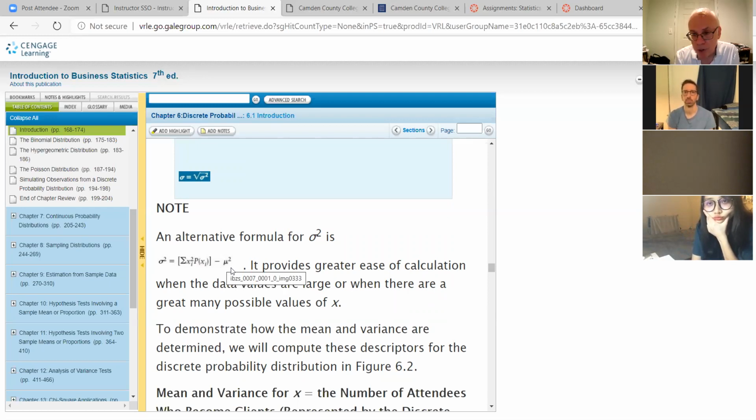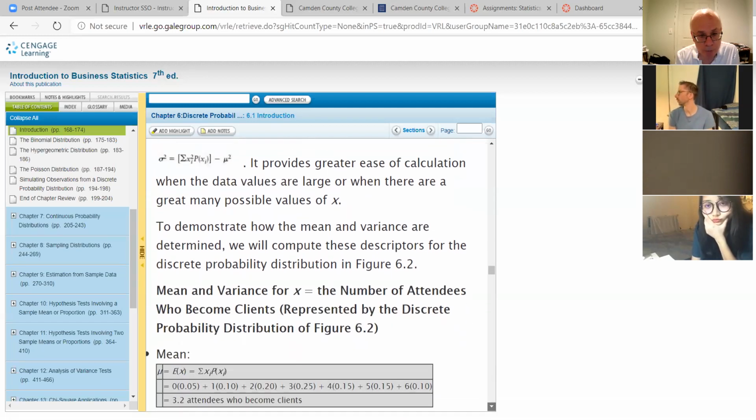It makes sense for you to remember. I wouldn't necessarily be able to remember this. So I think it's worthwhile, since we know how to use Excel, to use the original formula because it's something you can remember in words. And if you want to use this alternative, you can if you want. But again, I don't see any reason for it.